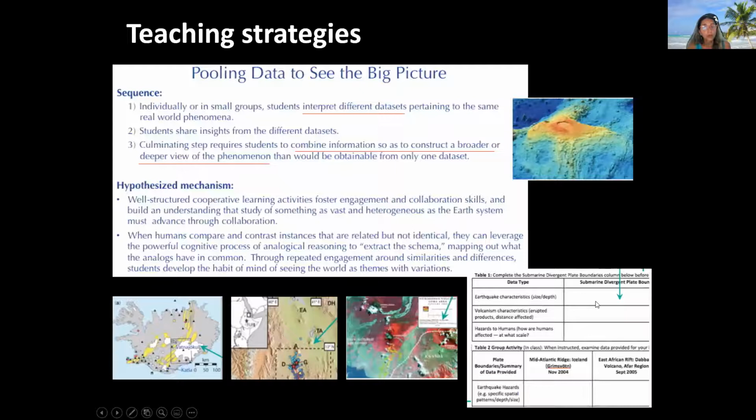If you go further on, you can have four different data sets, combining information from these different examples of explaining, to help students construct a broader and deeper view of a specific phenomenon. And again, they get the different data types, and they have to analyze them with instructions.